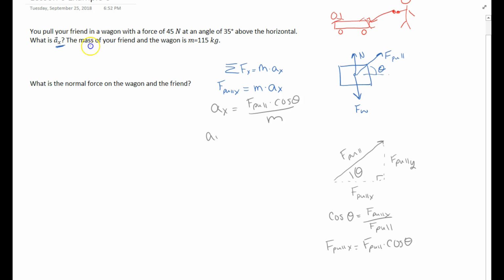So, we're going to plug our numbers in. And we do see that your pull accelerates your friend at 32 meters per second squared. So that is our acceleration in the x direction.